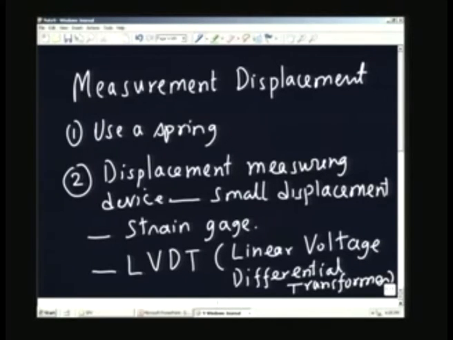In the strain gauge, in this case, resistance change is measured. The electrical resistance of an element undergoes a change when it is subjected to a displacement, and therefore, I am going to have one more transduction or one more transducer action. Pressure gives rise to a displacement.